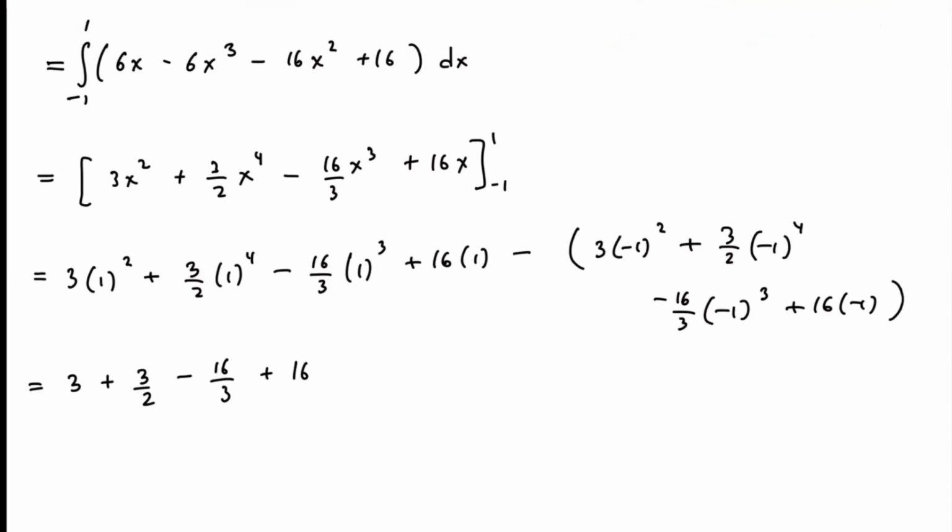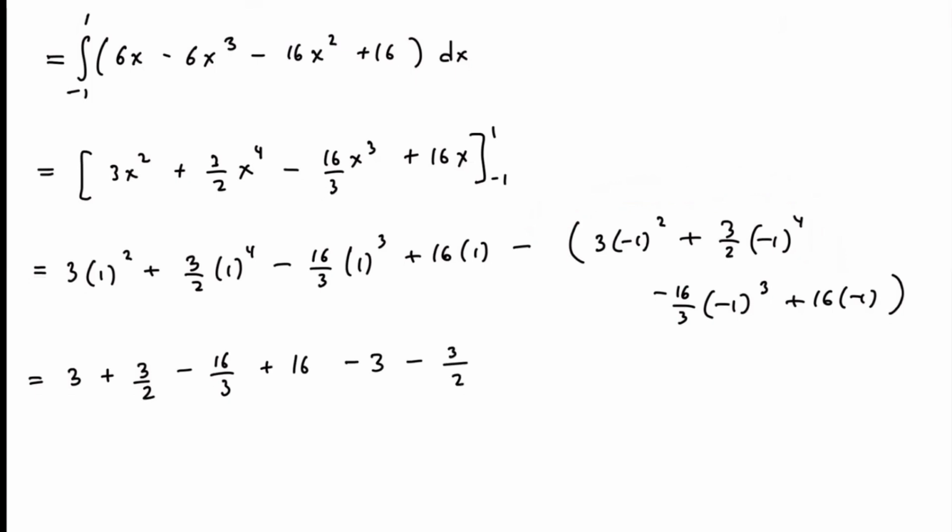Here I'm also going to start to distribute the negative out as I expand. So (-1) squared is positive 1, distribute the negative, so that's a negative 3. And (-1) to the 4th is also positive 1, distribute the negative, so that's negative 3 over 2. Then we have negative positive, so negative 16 over 3, and the negative 16 times -1, that's positive 16.